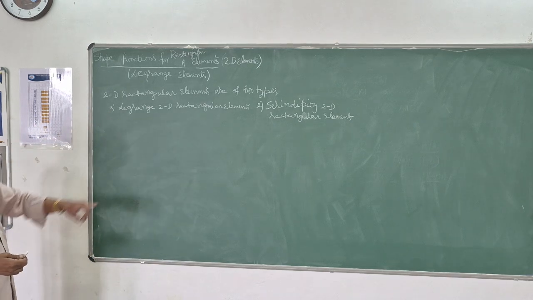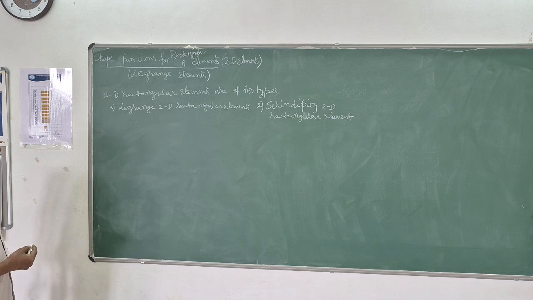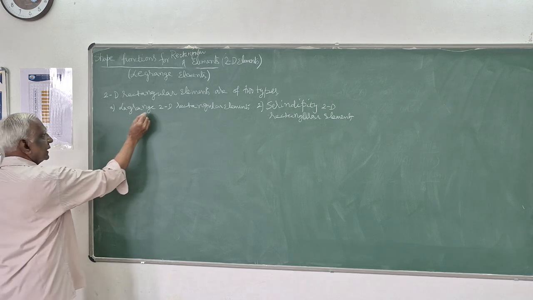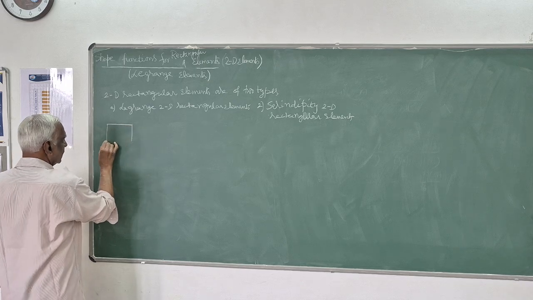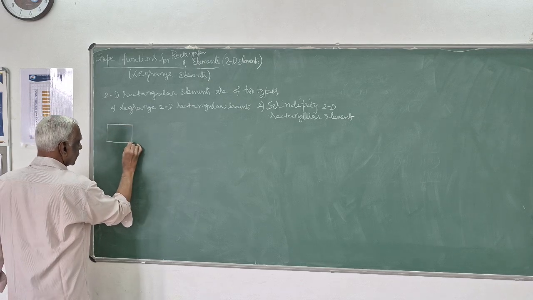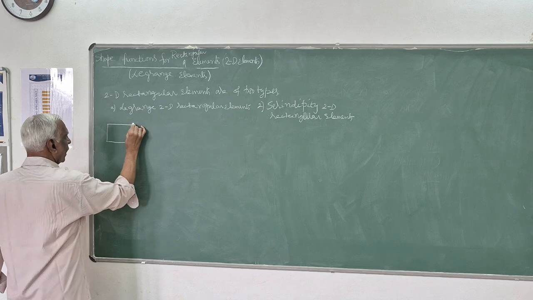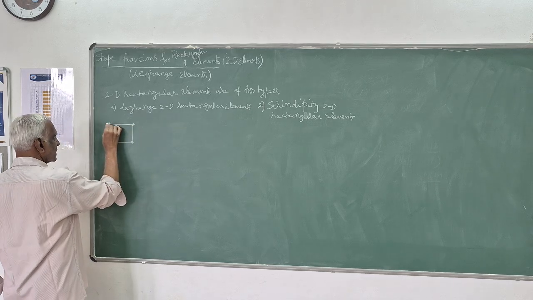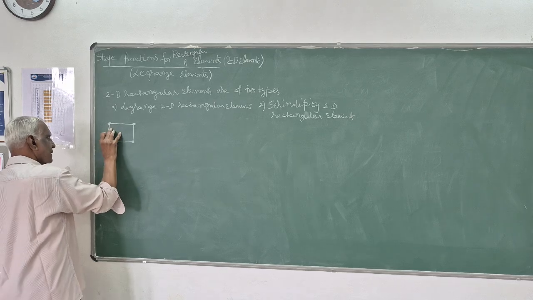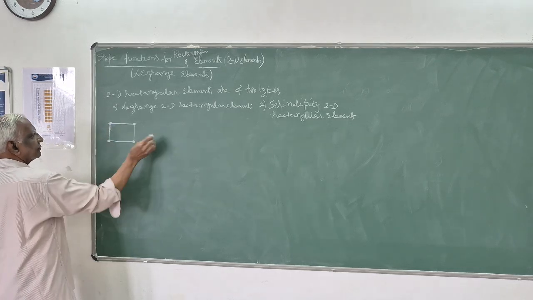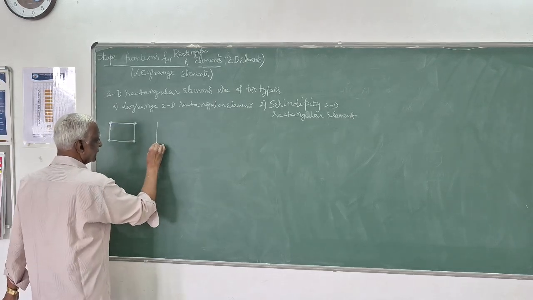One is Lagrange type, another serendipity type of 2D elements. In this type of rectangular element, you will find nodes lying only on the corners or on the sides, on the four sides of the rectangle.